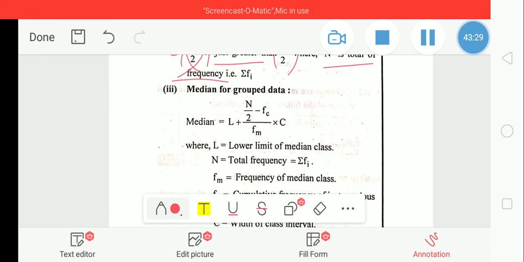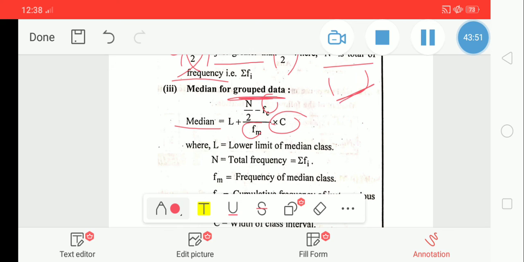And the median of grouped data is L plus (n by 2 minus fc) divided by fm, multiplied by c. Here fc is the cumulative frequency of the class just above the median class, and fm is the frequency of the median class. C means the constant, that is the width of the class interval.